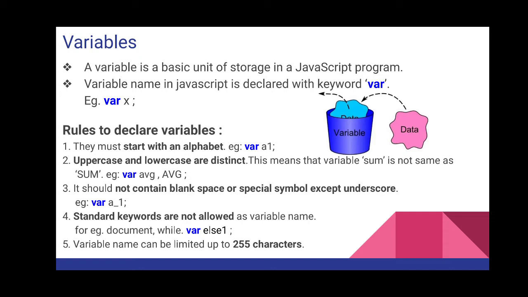Suppose there is a person who is staying in the house permanently, meaning he owns that house. So that data is constant for that house. Please try to relate data with the person staying in the house, and the house is called a variable.